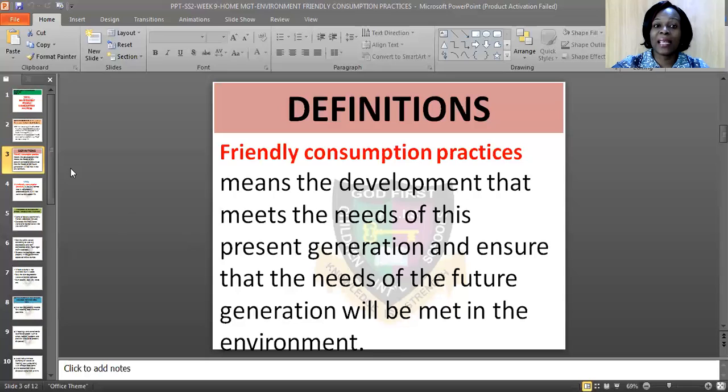Are you getting it? That is how we consume friendly. All these are water nylons. We use them and we dispose of them at the right place so that they will be able to recycle it and use it for another thing. Is that taken? All right. That is the only way we can meet the needs of the future generation, by putting into consideration the recycling purposes. Is that taken? Okay.